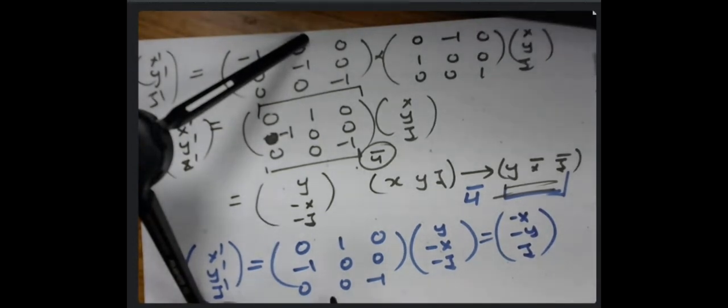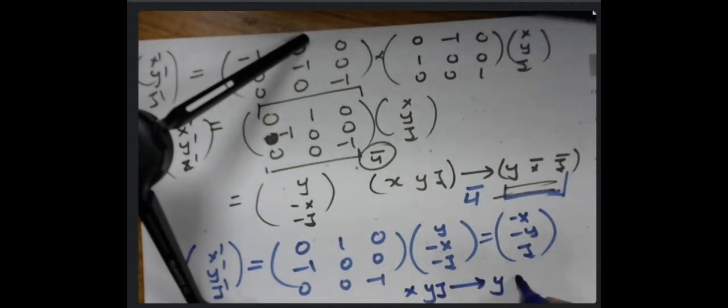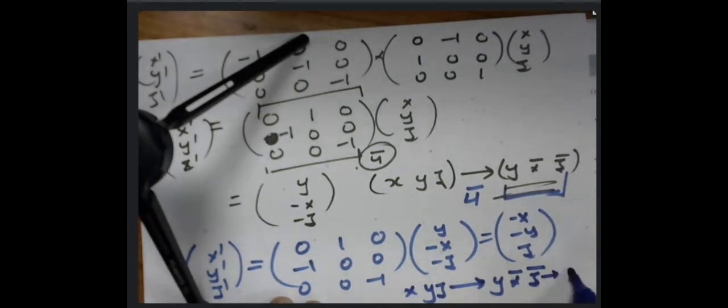So our initial point, which was x, y, z, got transformed to y, x bar, z bar, and then again transformed to x bar, y bar, and z. This is how the transformation takes place by the 4 bar.